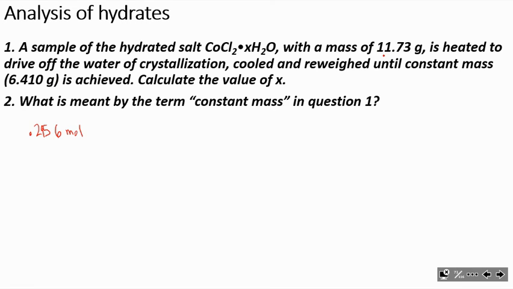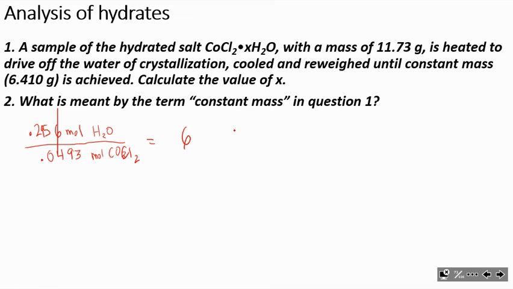And then I divided that by 18, which is the molar mass of water. That gave me my moles of water. I'm then going to divide that by my moles of CoCl2. So if I take this and divide it by the molar mass of CoCl2, that ends up being 0.0493 moles. And when I do that, I end up with 6.